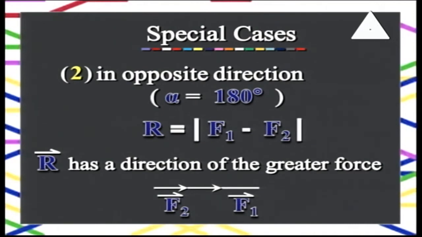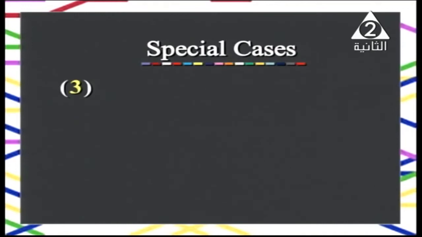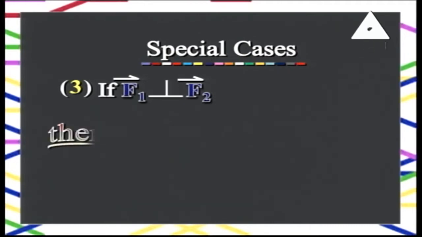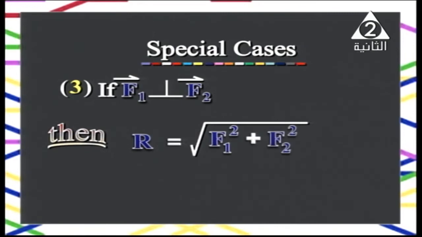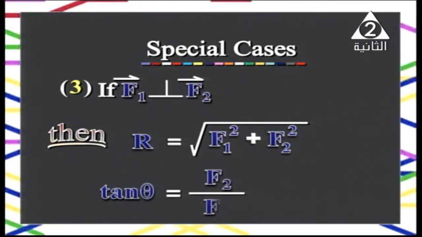But the third case: if F1 is perpendicular to F2, what is the resultant? Then R equals square root of F1 square plus F2 square. This is the magnitude of R. What is theta?